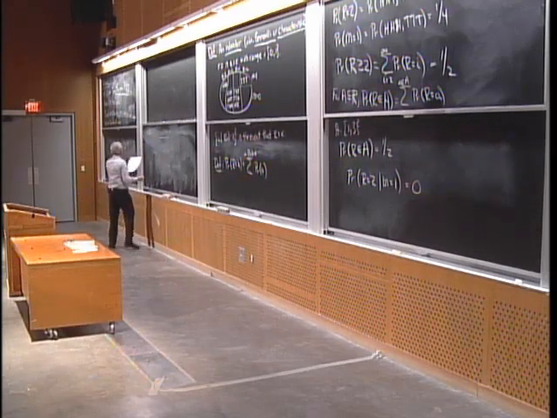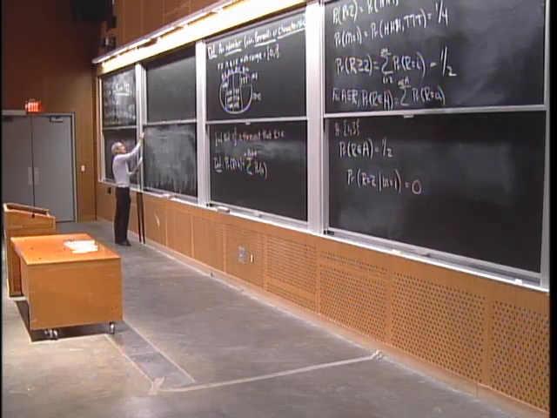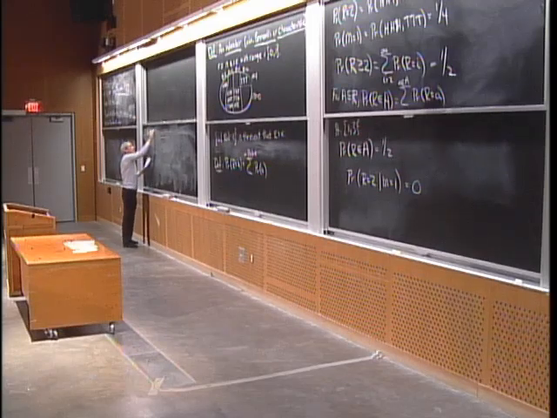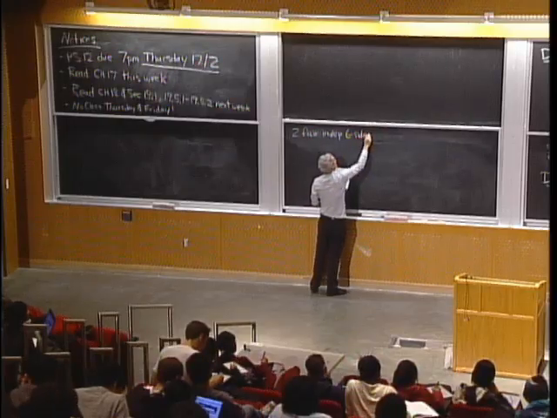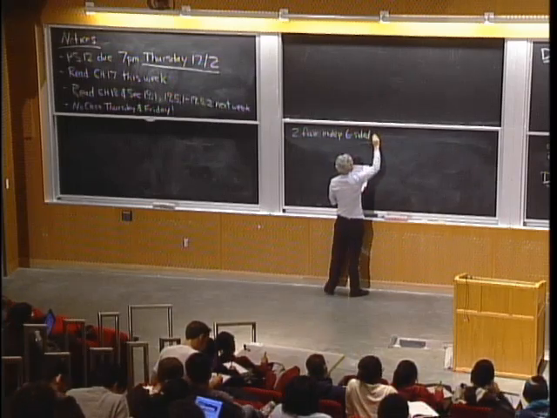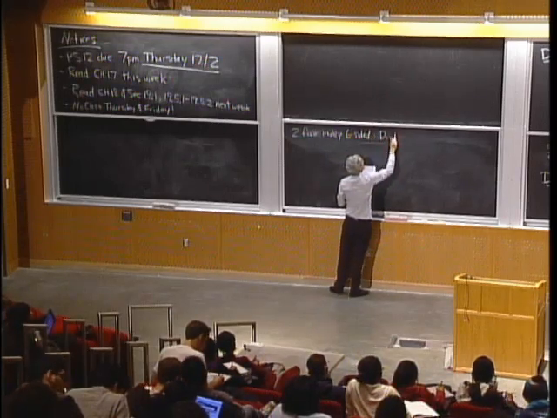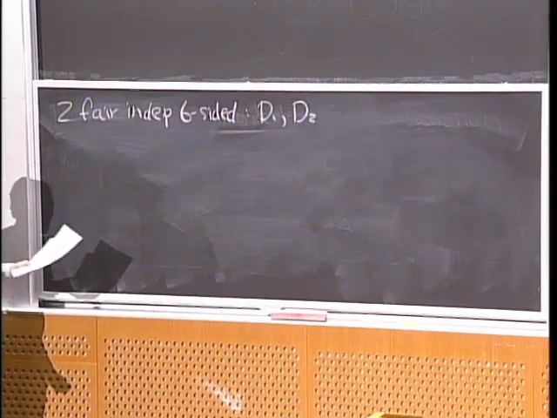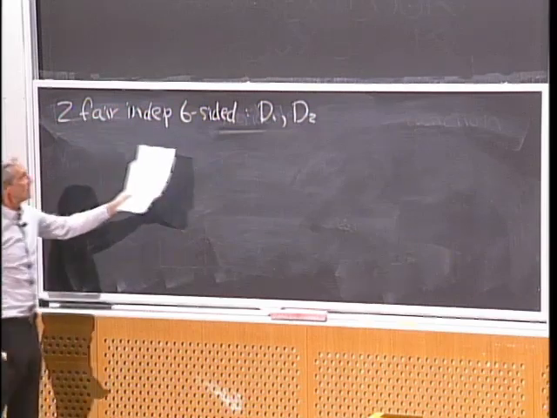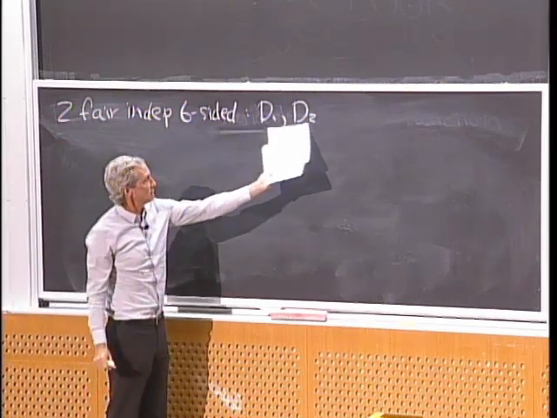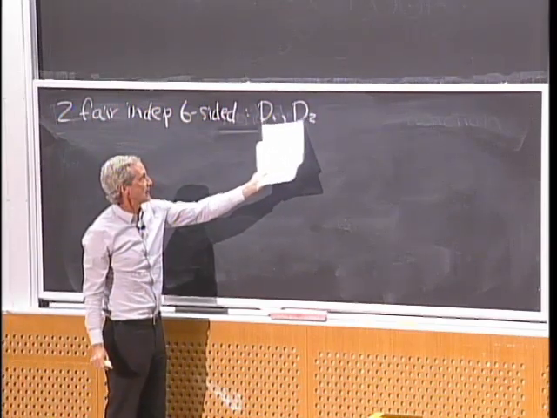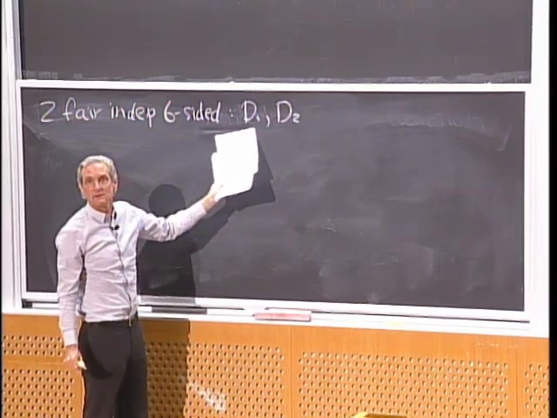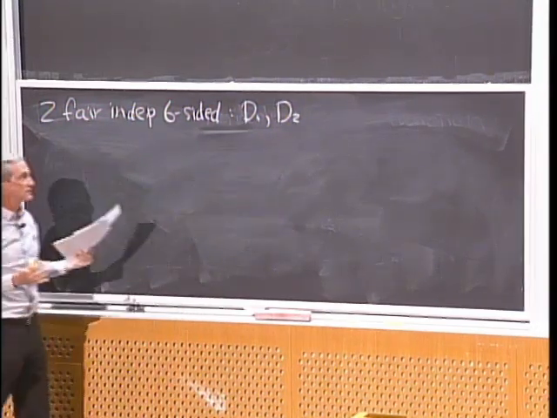Say we have two fair, independent, 6-sided dice. Normal dice. The outcome of the first one is D1, and the outcome of the second roll is D2. By independent, I mean here that knowing any information about what the second die is does not change your probability that the first die has any value.